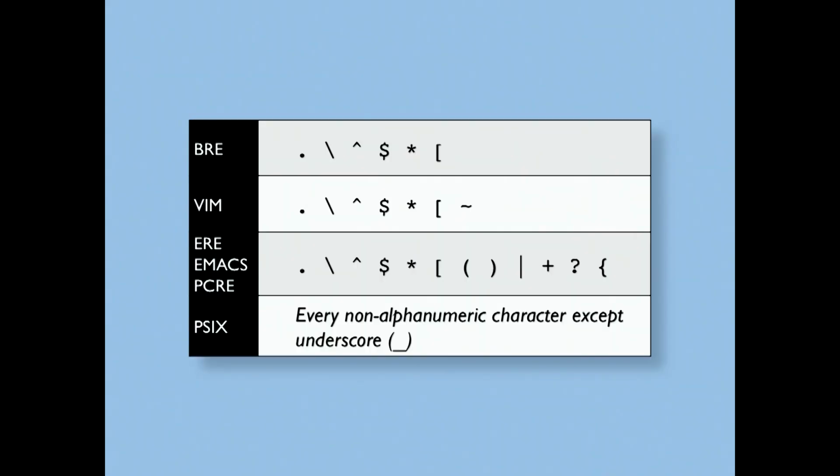So here's a little table of the various metasyntactic characters in the different dialects. You'll notice that in most of the dialects there's only a small number of them: the dot, the slash, the caret, the $ sign, the star, and the opening square bracket. The editors sometimes have a few extra characters that are metasyntactic, and Perl 6 goes in a different route. Perl 6 basically says if it's not alphanumeric or underscore, then it's metasyntactic.